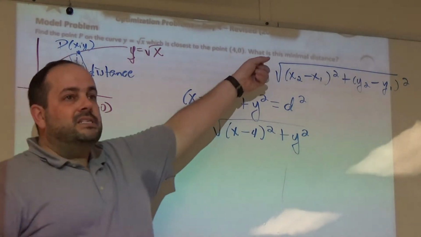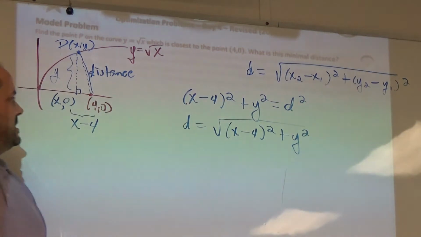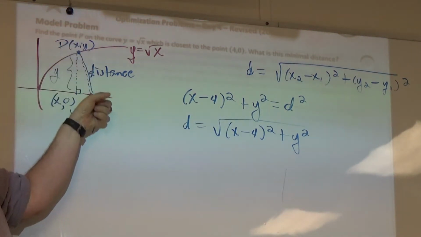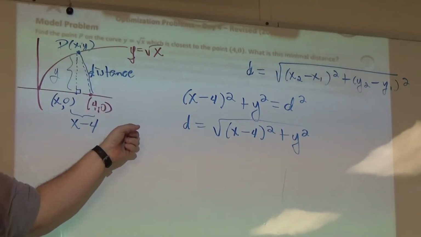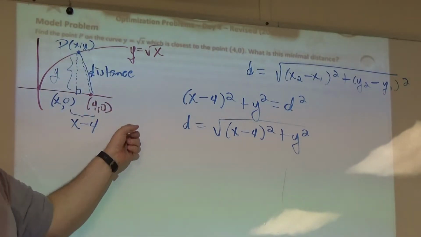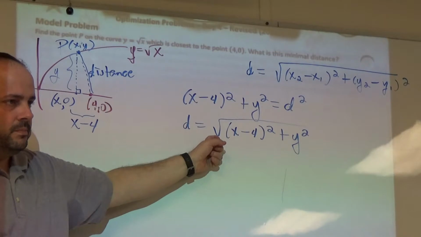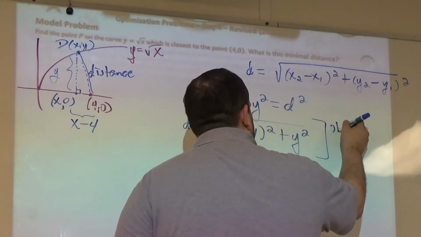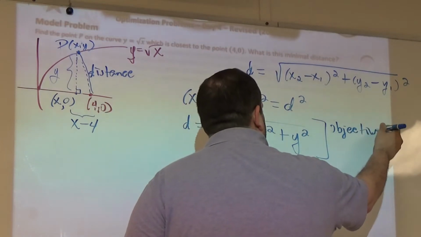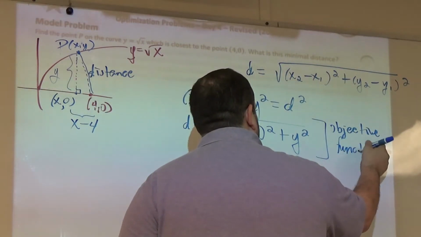That's your distance formula. You subtract the x values and square it, you subtract the y values and square it, you add them together and take the square root. That's where this guy comes from. This guy here is your objective function. That's what you want to make as small as you can.